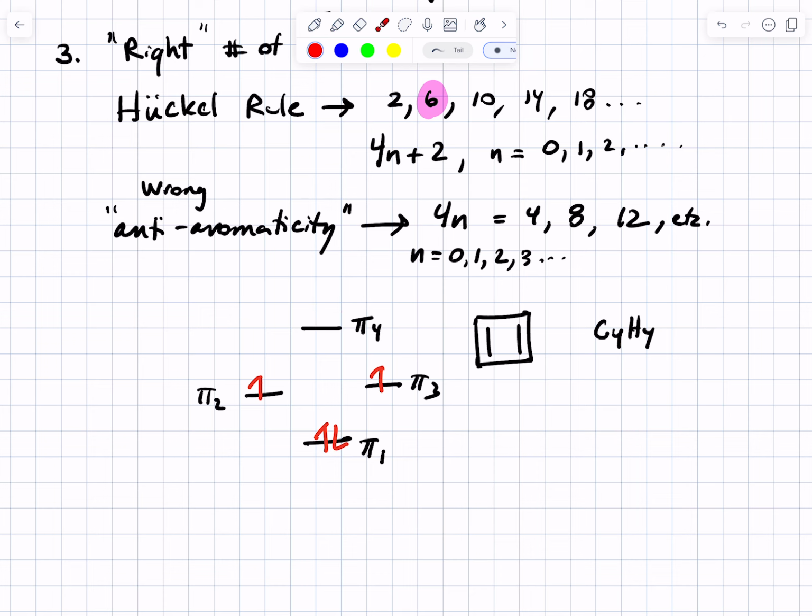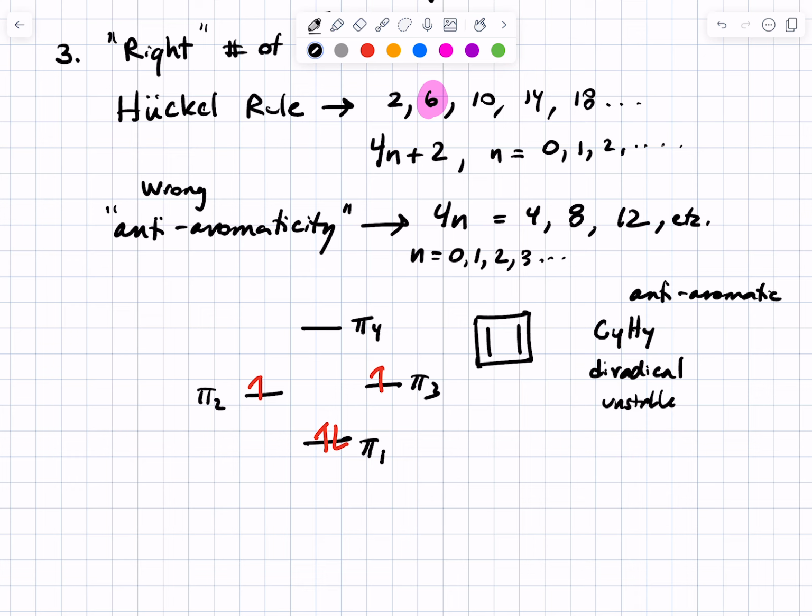You fill up the orbitals with the available electrons, and you have 2 in this lower energy orbital, and then you have only 2 in the degenerate pair, and they are not paired with each other, they're separate. So cyclobutadiene reacts like a diradical. Unpaired electrons are unstable. We would say that it is anti-aromatic.